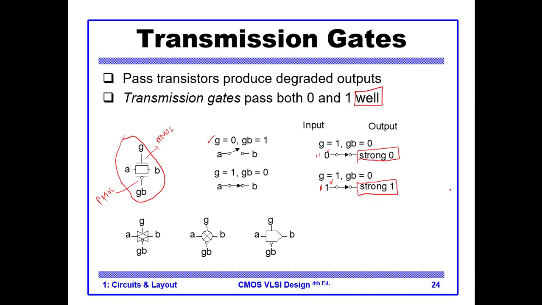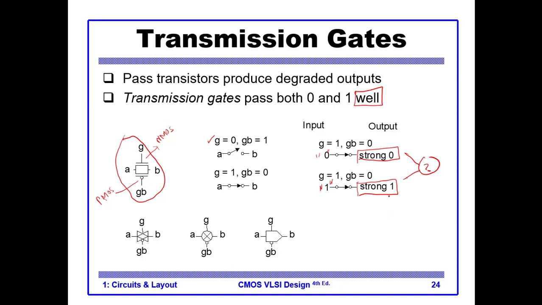So you may ask why the transmission gate can give us a strong 0 and a strong 1. Remember, the case was different for a pass transistor.